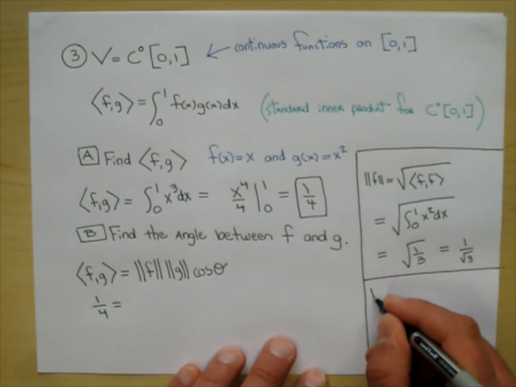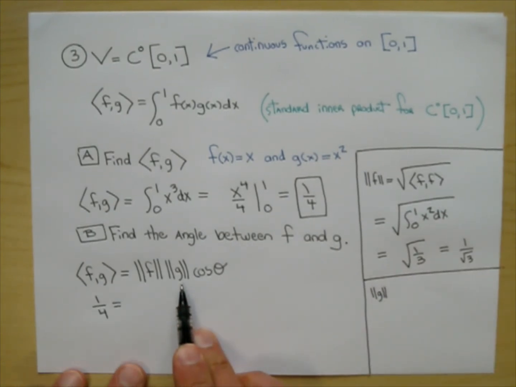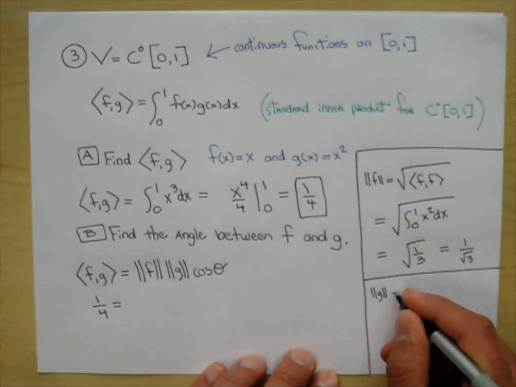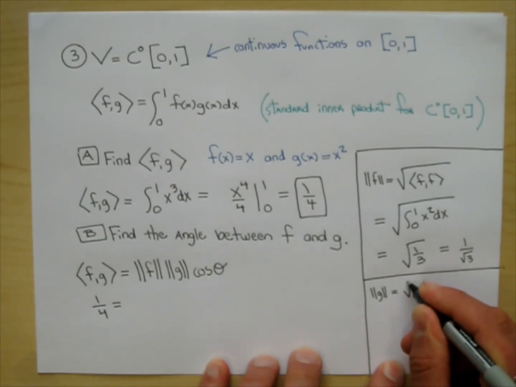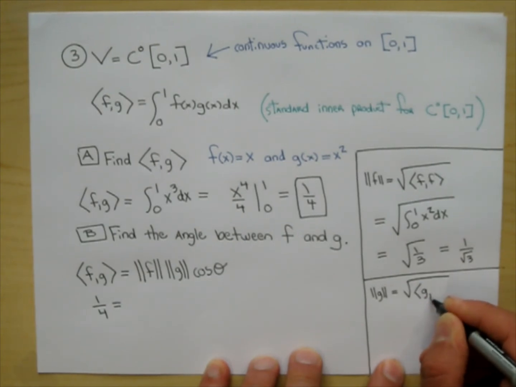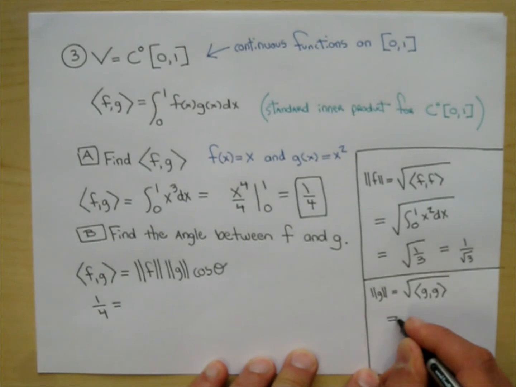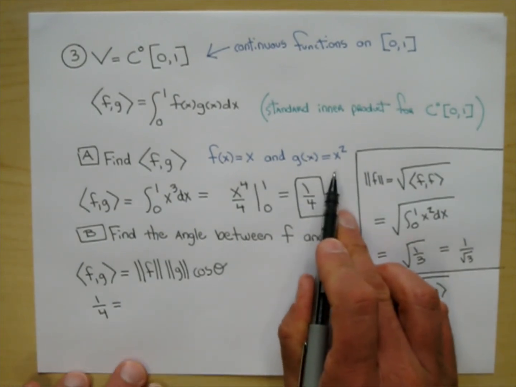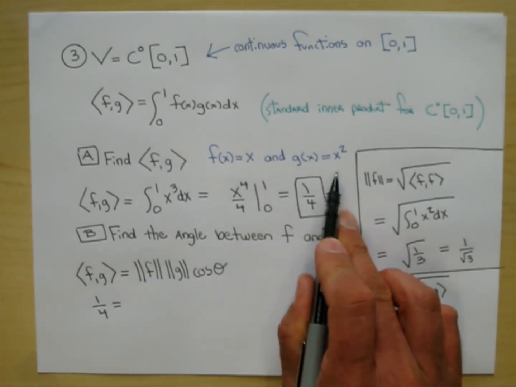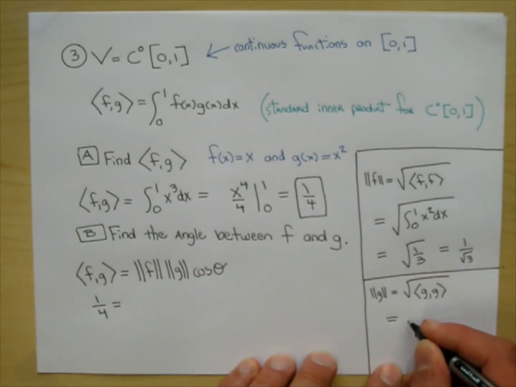Let's do the same thing with g. Why? Because we have that right there. So this is the square root of the inner product of g with itself. So g is x squared. So x squared times x squared is x to the 4th.